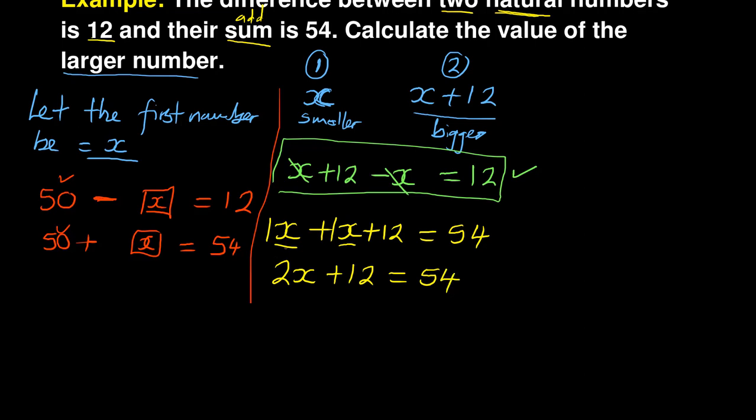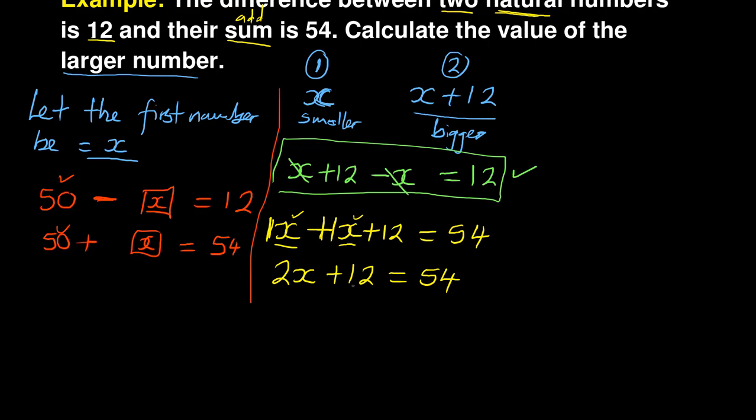Remember, x plus x is the same as 1x plus 1x, ignore the x and just add the number before it, which we call the coefficient. So the number before x is a 1 here, and a 1 here. 1 plus 1, you get 2, and then you retain your x, plus 12 is equal to 54.